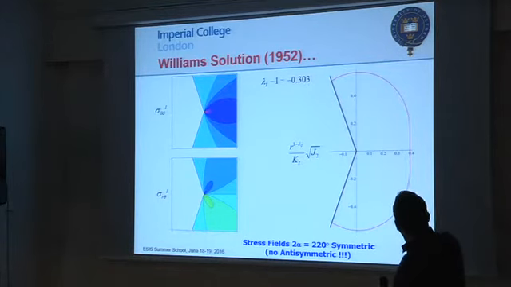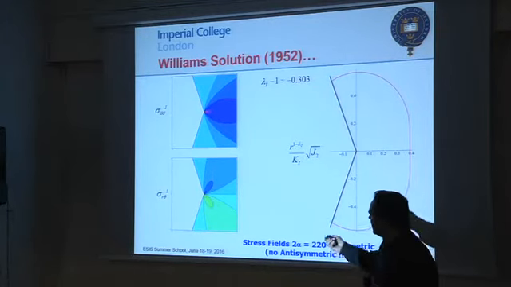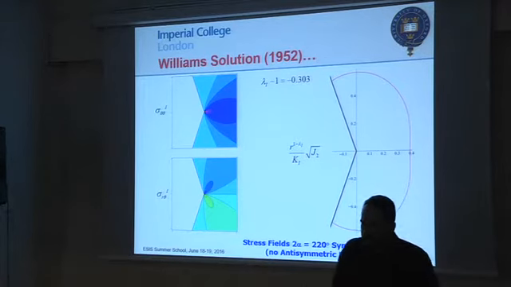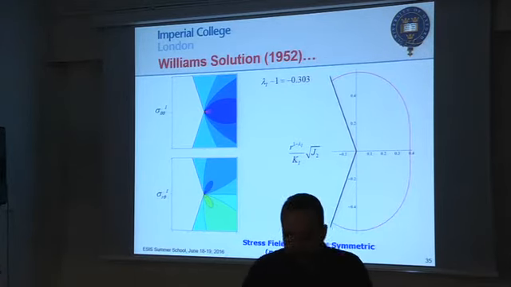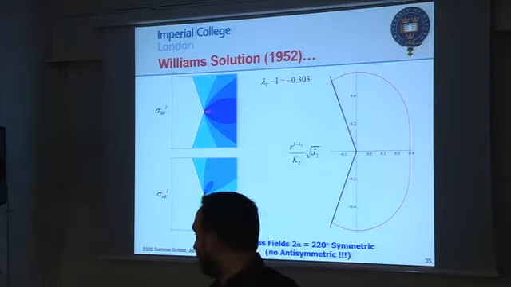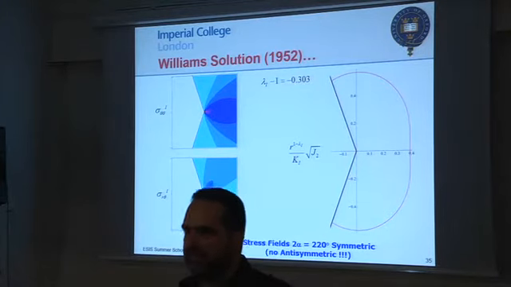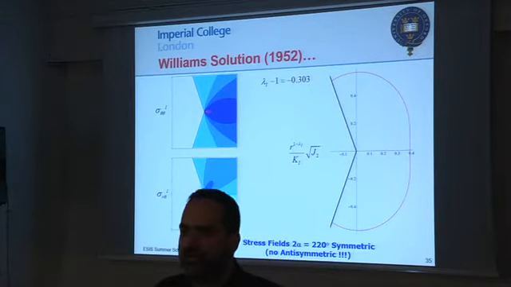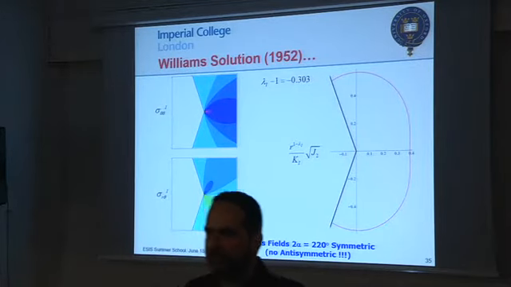The square root of J2 plot will look a bit like this. These are the stress components. The thing that you need to remember here is that the mode 2 solution, the anti-symmetric solution, doesn't exist, it's bounded, so you cannot plot it in the same way. You don't have any singular field. It's a very simple bounded field.